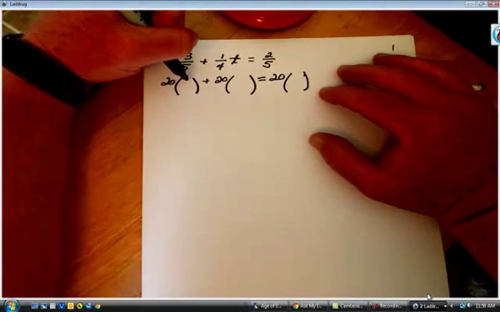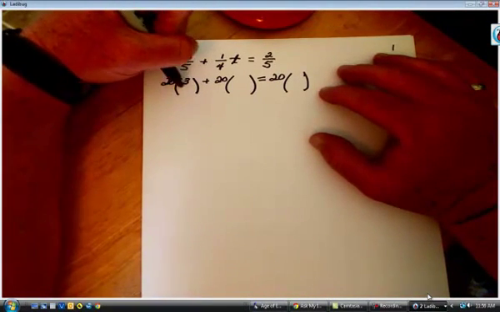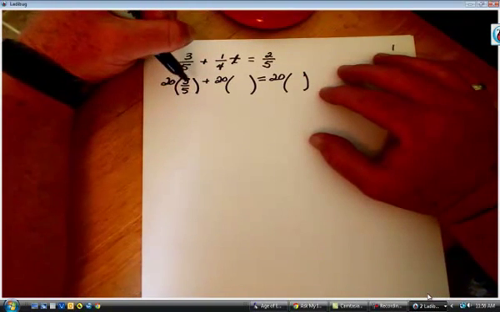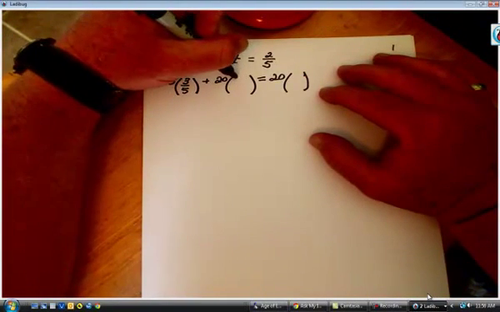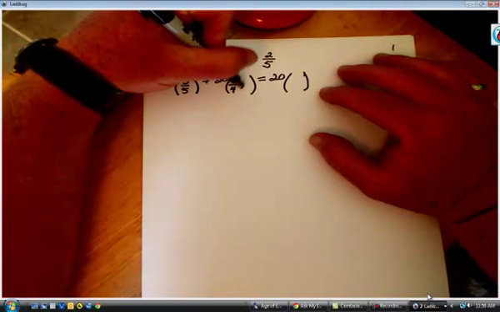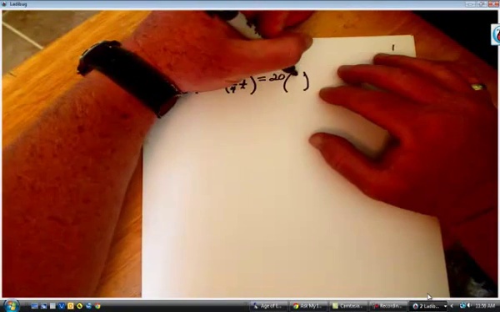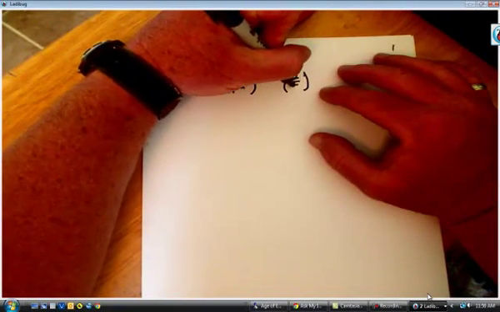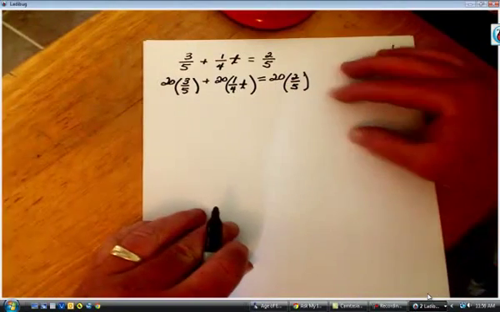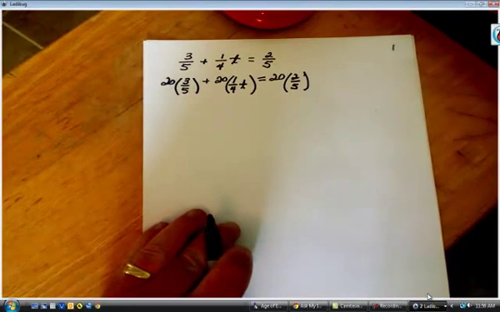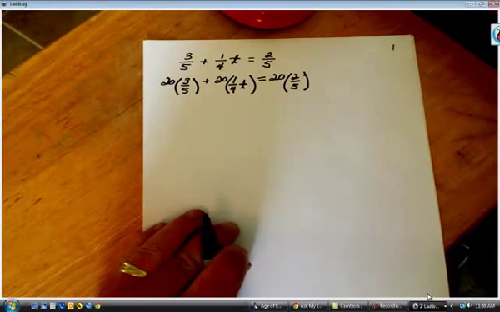Where the first thing was 3/5, the second thing was 1/4 t, and the last term was 2/5. Now good things will happen because that 20 was well chosen. Each denominator will go into that 20. 5 will go into the 20 4 times.